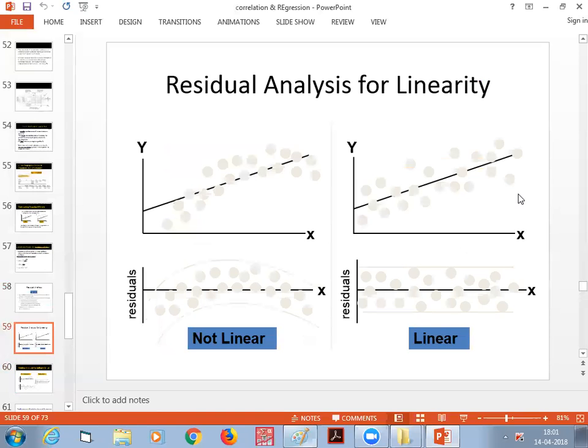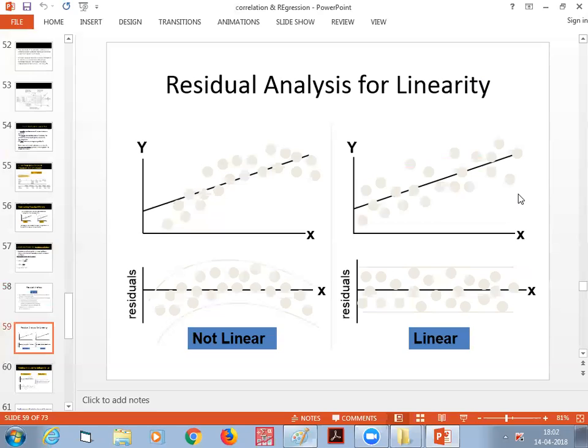So those gray round marks, whatever we have plotted, are nothing but the residual values. This is the x-axis, this is the y-axis, and on that we are plotting the residuals. And on the right side, two different types indicate the linear relationship, and the left side indicates the non-linear. So that is about the linearity of the residual.